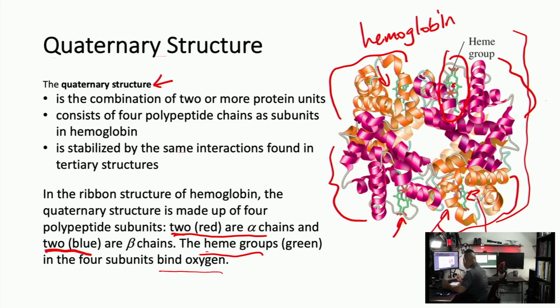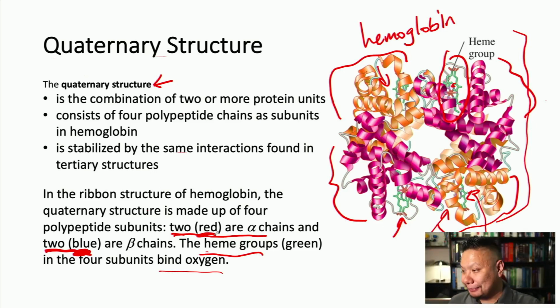I feel like this is the wrong picture, but it doesn't matter, because 2 of one color are the alpha subunits and 2 of the other color are the beta subunits, or beta chains. Whoever, me, wrote that as blue and red, I'm obviously colorblind. No, I'm not colorblind, that was just a typo, I guess. Anyway, moving forward. But that's a quaternary structure.